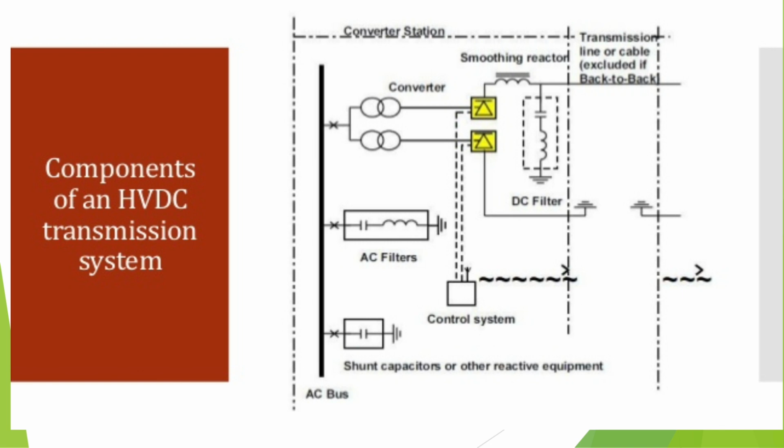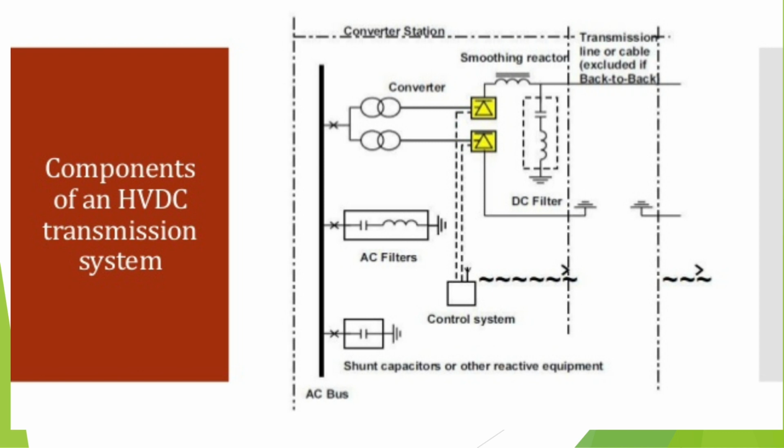That means they generate radio interference noise. So that's why these high frequency filters are used to minimize this noise and interference with the carrier communication power lines. These filters are placed between the converter transformers and the station AC bus.